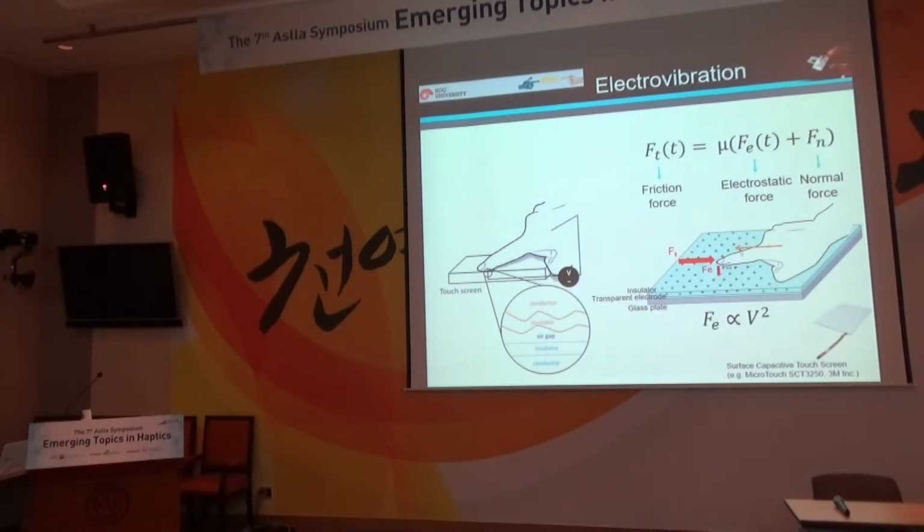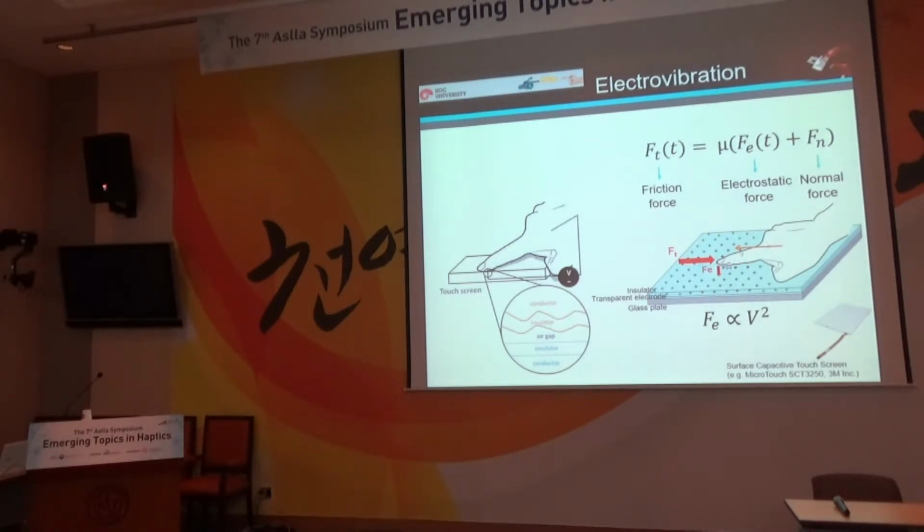Because when you apply an alternating voltage to the conductive layer, the voltage goes from positive to negative, negative to positive again. When you have the positive voltage, your finger is polarized with negative charges, and the surface is polarized with positive charges. So there's an attractive force.